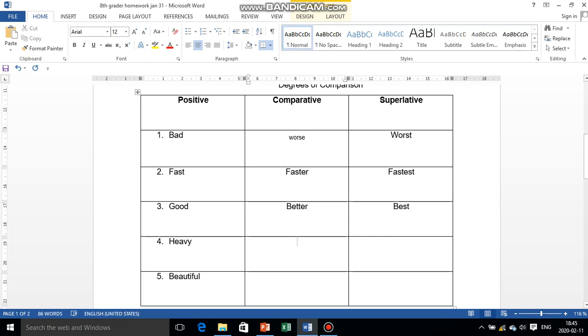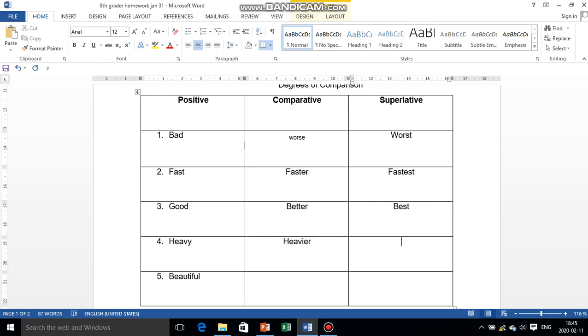Next one, the word heavy. If the word ends with y, and you are going to make it comparative, you change y to i and add er. So it will become heavier.